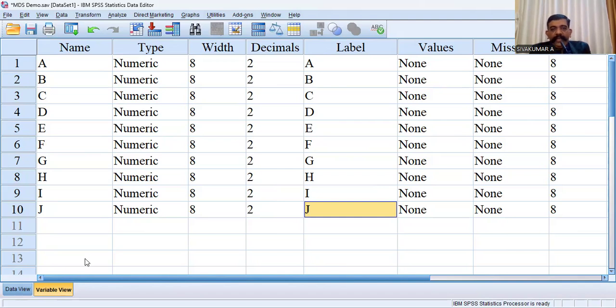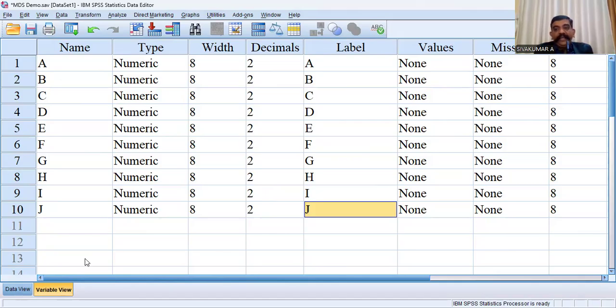For example, if those variables are related with cars, the two dimensions may be first dimension, economy, and second dimension, sportiness. At last, we should get which are the most economical cars, likewise which are the most high prestige cars.